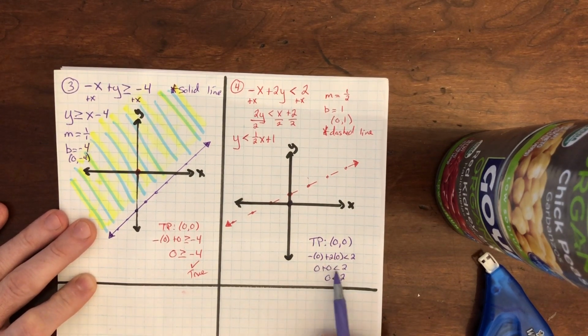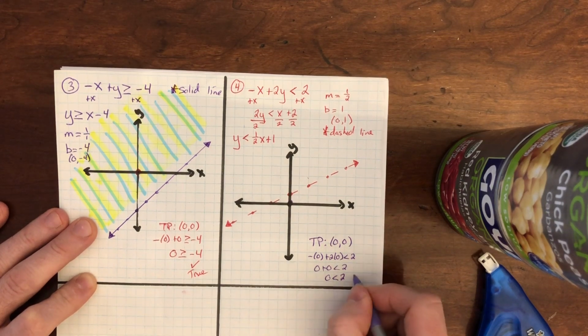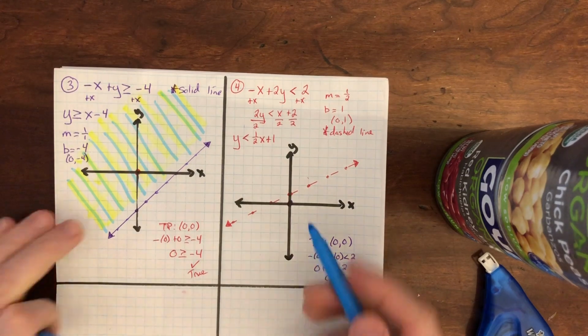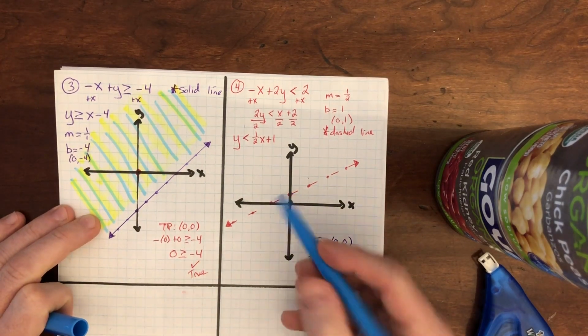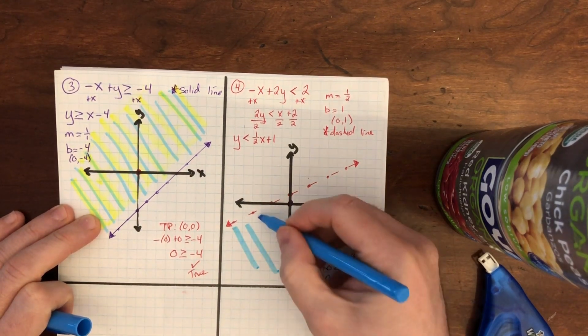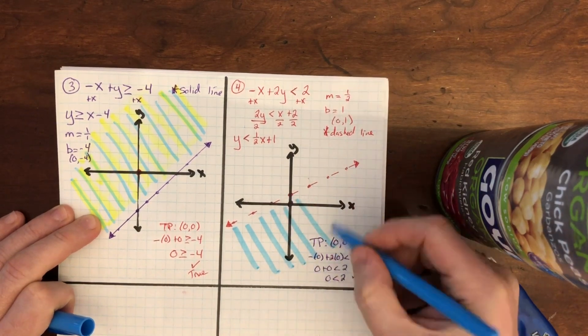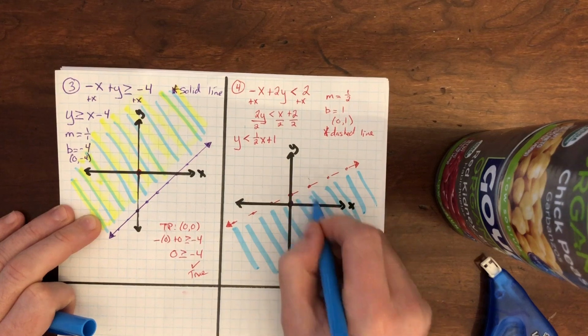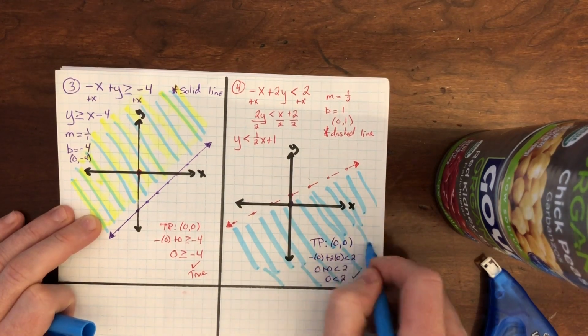So we'd have 0 plus 0 is less than 2. All right, is 0 less than 2? Yep, this is true. So once again, because it's true, we're gonna shade where the test point is, which in this case is below our line. All right, so we're gonna shade everywhere down here. We can even shade all the way down here.